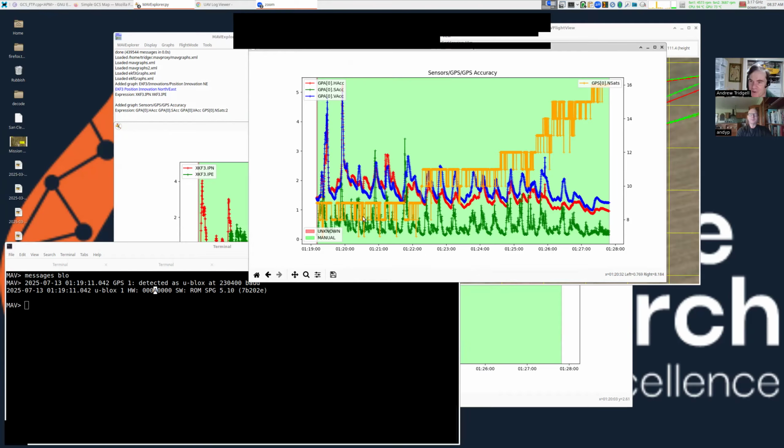So your second flight might be better than your first. So one of the tricks, if you've got an M10, in fact, for most GPSs, is turn on your plane early and let it sit there for a while, because the results will be better towards the end of the flight than towards the start of the flight.